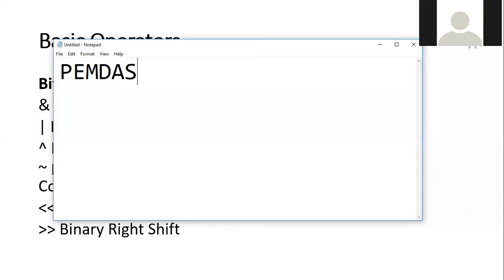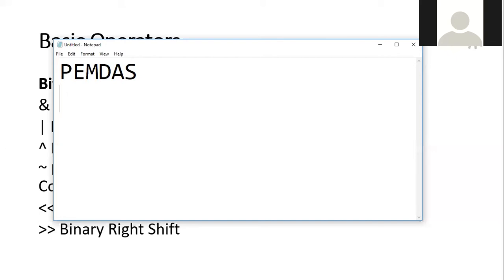Parenthesis. Then? E for exponent. Okay. M for multiplication. D for division. A for addition. And S for subtraction. Thank you. Okay. So Luigi also answered parenthesis, exponent, multiplication, division, addition, and subtraction. So PEMDAS, this is the rule that we follow in evaluating an expression.